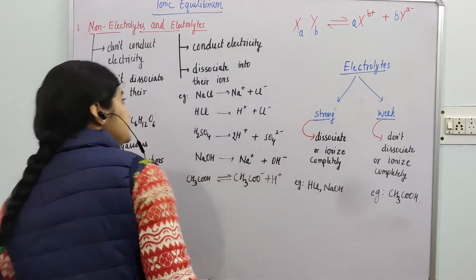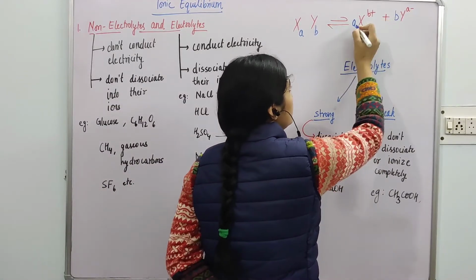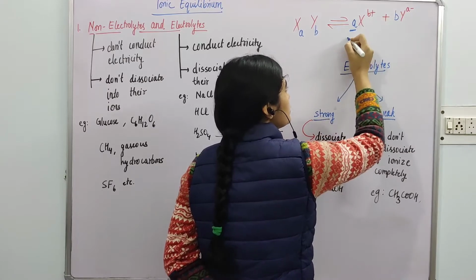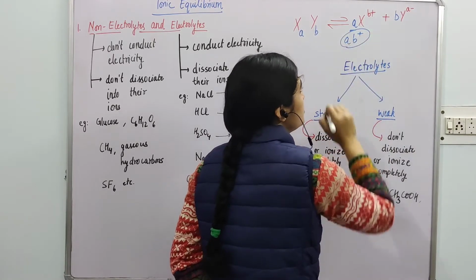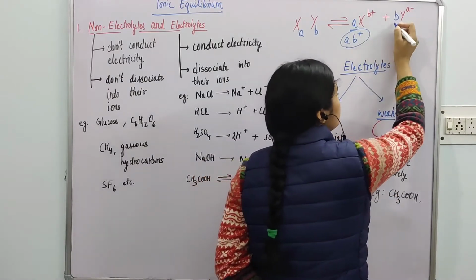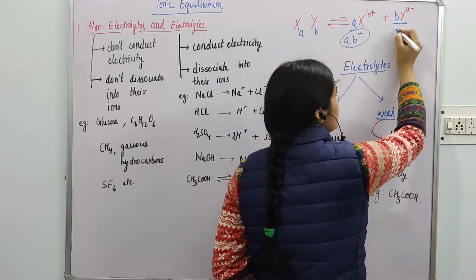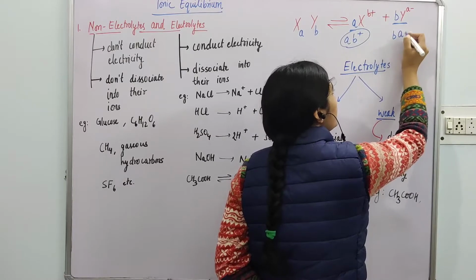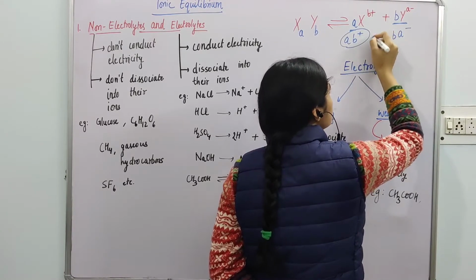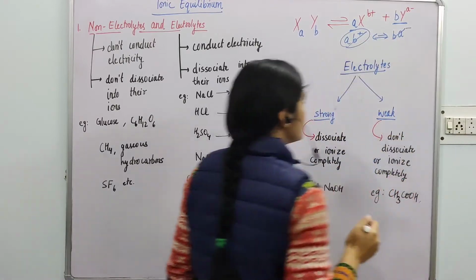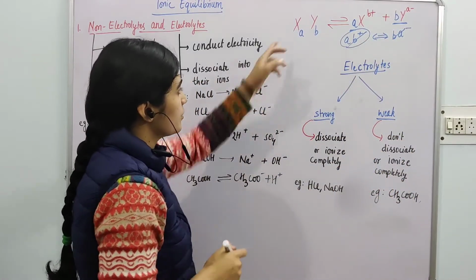If you see here, the positive charge is A times B positive, and the negative charge is B times A negative. So in short, these charges cancel out each other, and you are getting a neutral compound.